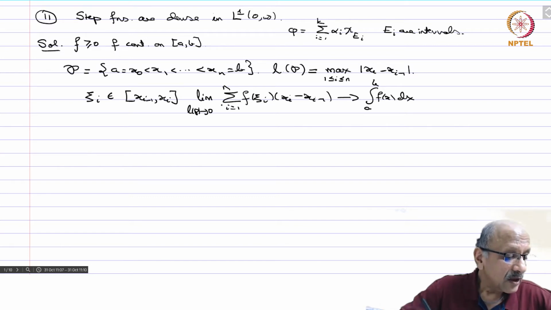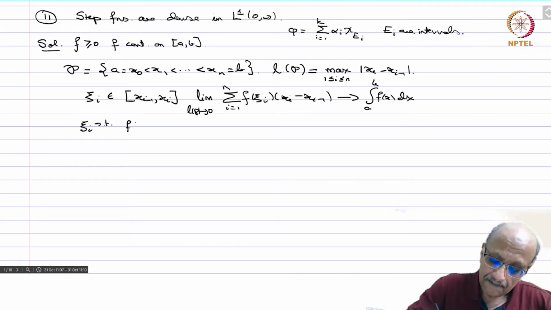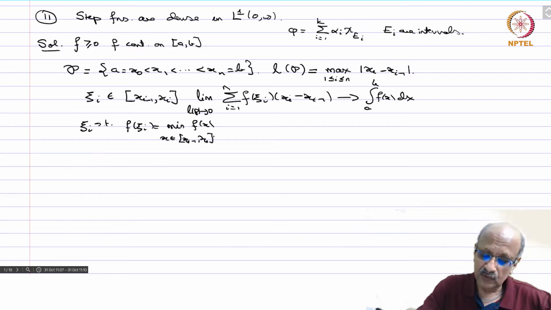Okay, so then let us fix xi_i such that f of xi_i equals the minimum of f of x for x belonging to [x_{i-1}, x_i]. Just to fix ideas, you could choose anything you want.